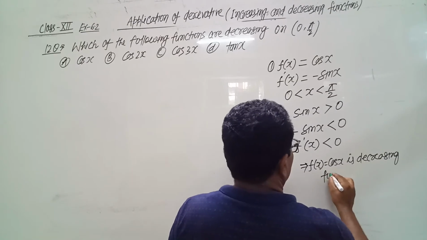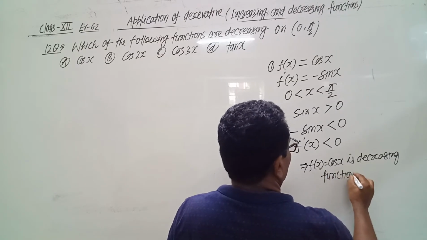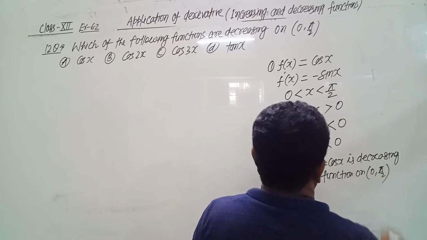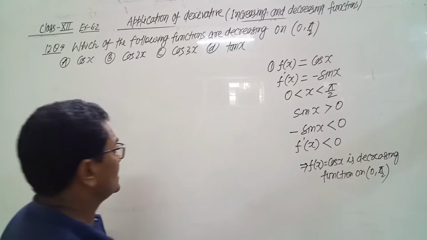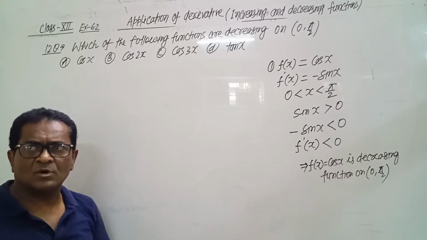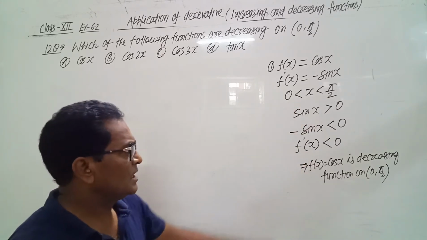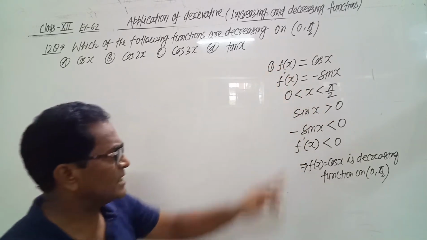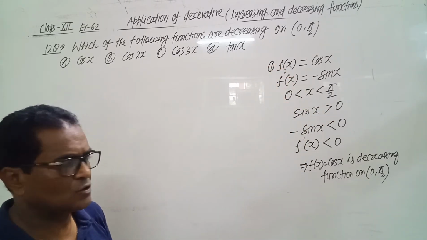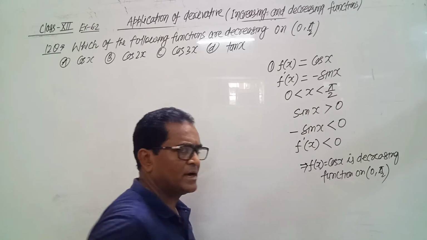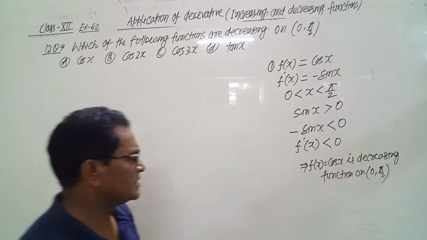It is a decreasing function on the interval 0 to pi by 2. So we have taken the first case, f(x) equals cos x, we differentiated, and f dash x comes to minus sin x. The interval given is that x lies from 0 to pi by 2, and in 0 to pi by 2, meaning the first quadrant, the value of sin x is greater than 0.